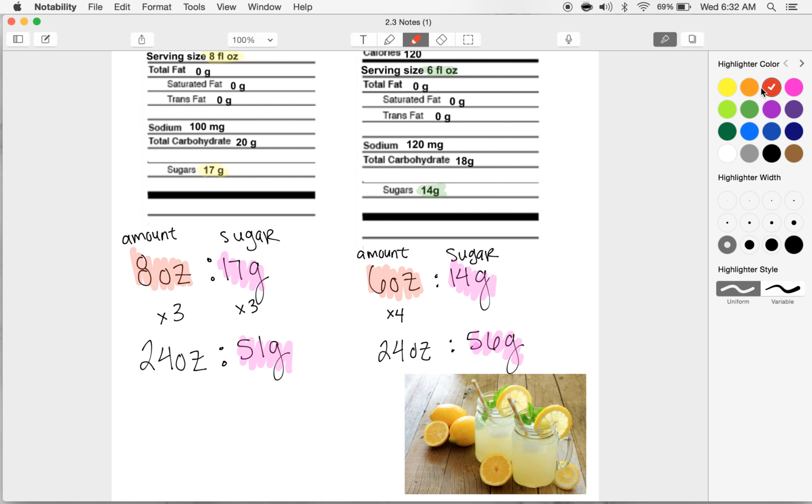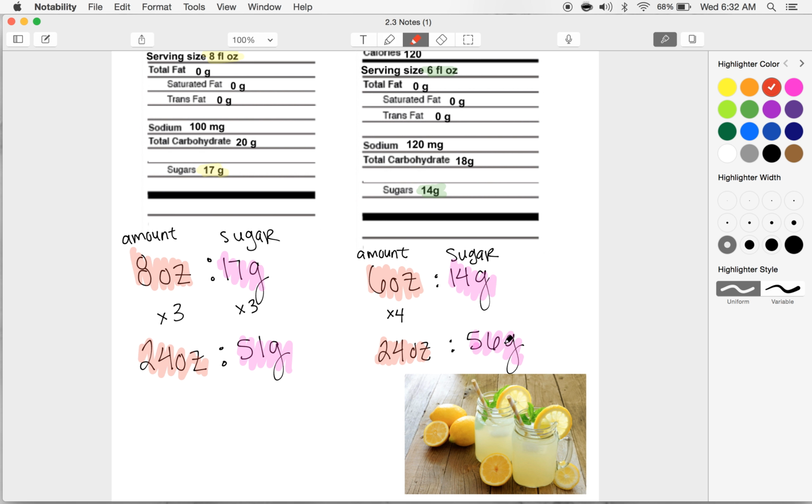And the 24, this was my amount in the whole little packet or in the cup that you got. So I can see we had two ratios that were different and it was hard to compare them. So we used equivalent ratios to make the amounts the same of the total bottle so that we can get a better look at the comparison for sugar.